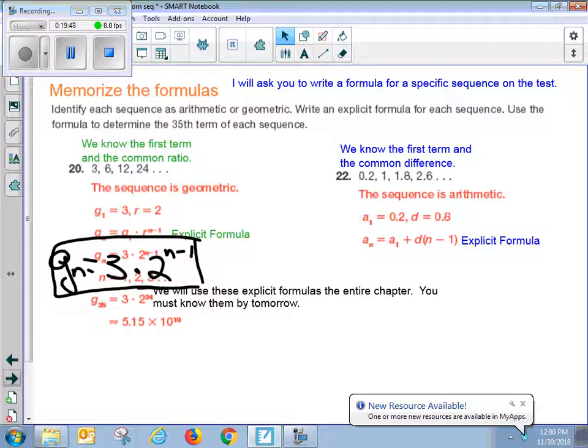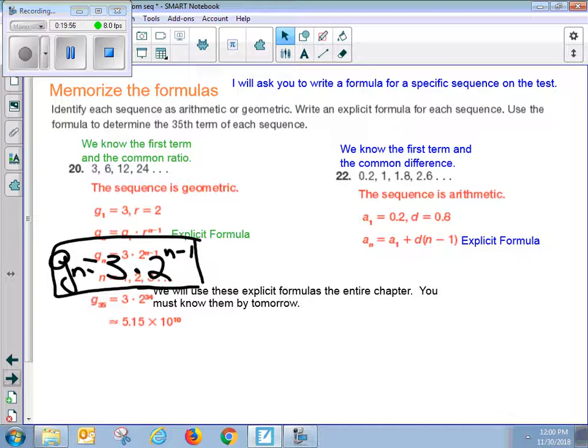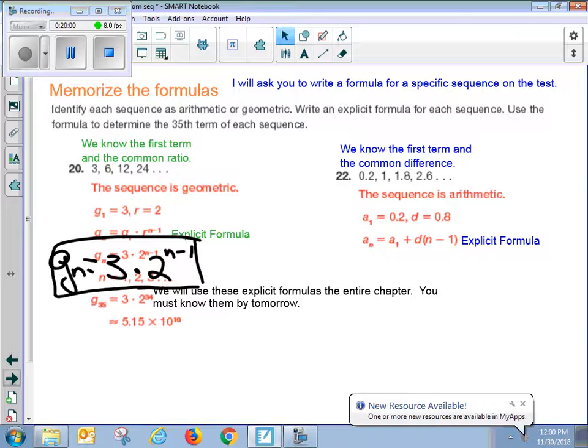So, let me finish up, guys. I only have 5 minutes. So next one we have 0.2, 1, 1.8, 2.6. What is happening here? Adding how much? Okay, 0.8. So do you know what your first term is? 0.2. Good.